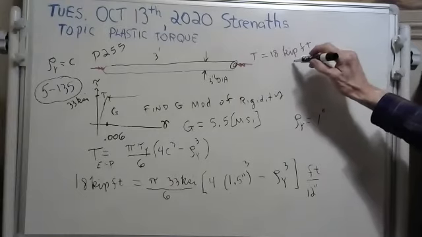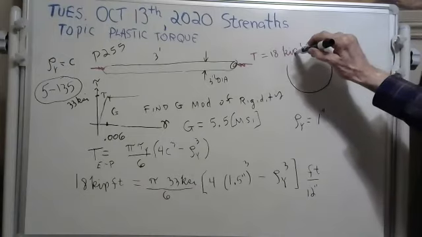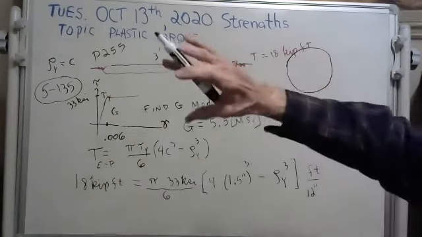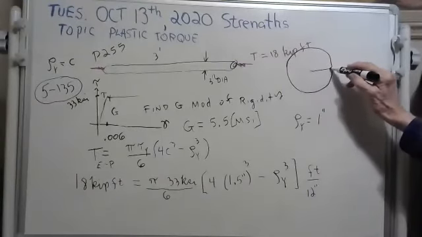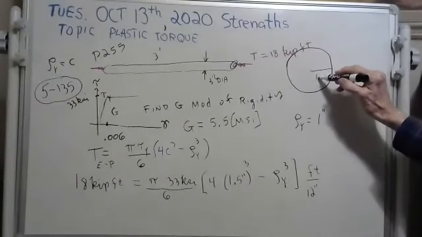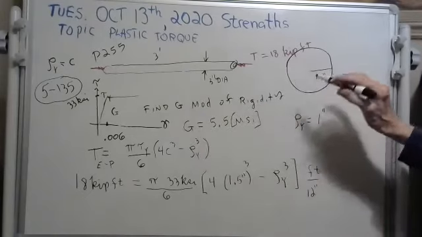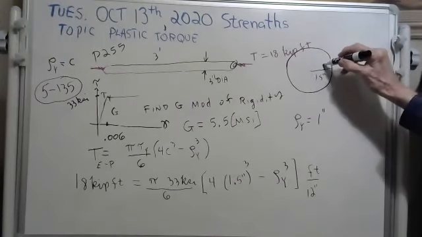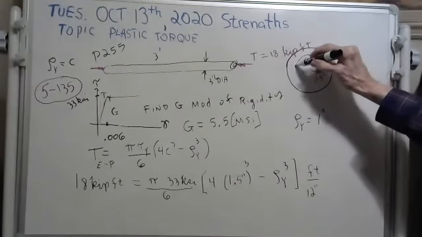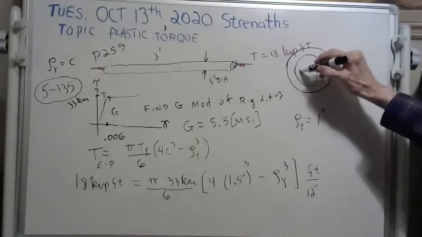Let me draw a picture of it. See, here's your rod, and you know that the diameter is 3, and the radius is 1.5, and you go out here 1 inch, and you're looking at the elastic core.